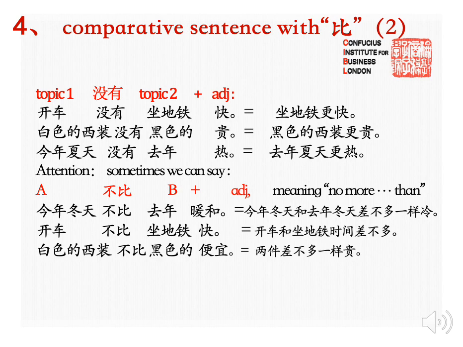So this winter is no warmer than last year, which means 今年冬天和去年冬天 may be equally cold. 开车不比坐地铁快. Driving is no faster than taking the tube, which means 开车和坐地铁 take almost the same time.